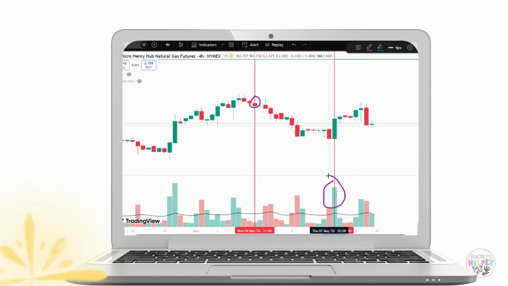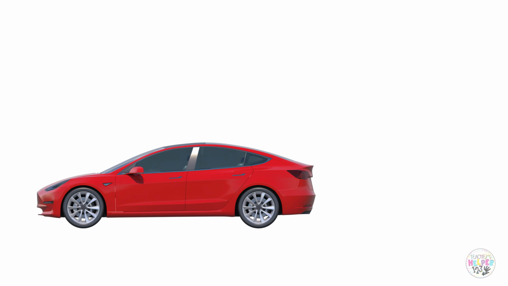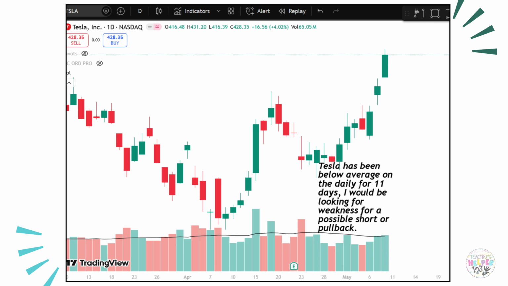Okay, so above volume. So anything above the black line, above. Anything below, below. Now, I personally like looking at the daily chart first to quickly see if the activity is stronger or weaker than normal, and that will help me determine what I'm going to do next.